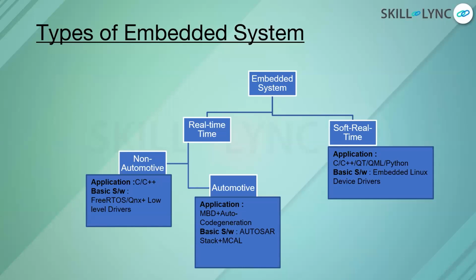It will be running CarPlay or Android or some sort of embedded Linux stack on which a Qt QML application is running. These are typically a soft real-time system, or we can even call it a non-real-time system.